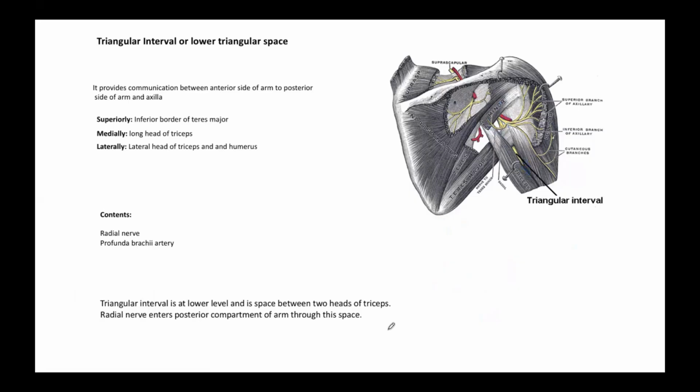So we just started discussing these different spaces in the upper part of the arm that help in communication between the structures in the axilla and the structures in the posterior side of the arm and scapular region.